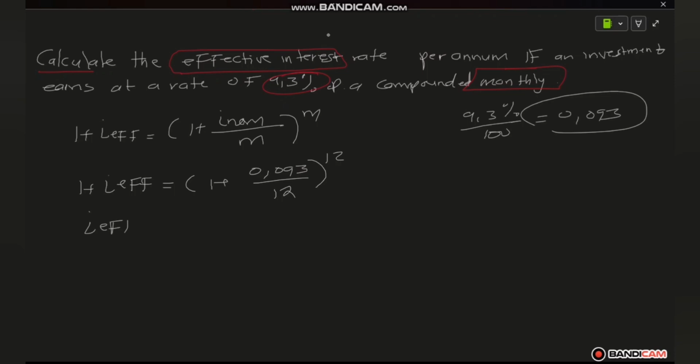For IEFF, 1 plus 0.093 over 12 to the power 12 minus the 1. Then IEFF equal to, let me try to use my calculator. Don't try to make yourself a staring.